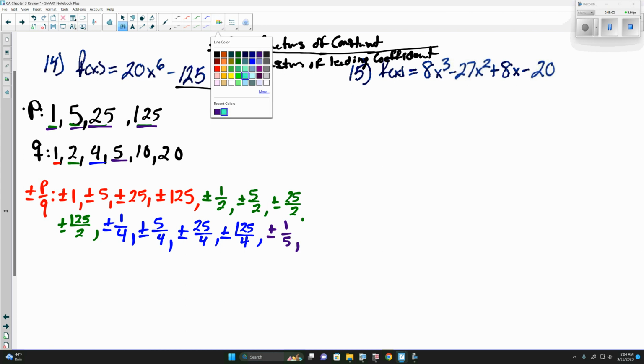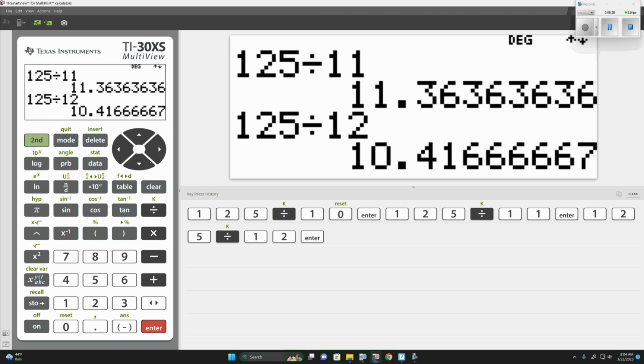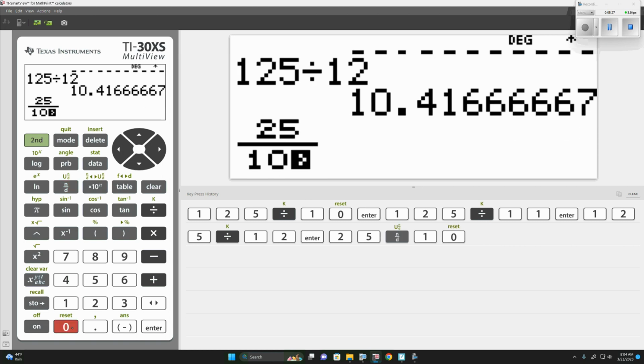Then we can move on to 10. So the first one we'll have is plus or minus 1/10. We have 1 divided by 10. Now 5 divided by 10, 5 over 10 is the same as 1/2. We already have it listed, so we don't need to list it again. 25 divided by 10 does reduce, and it is 5/2.